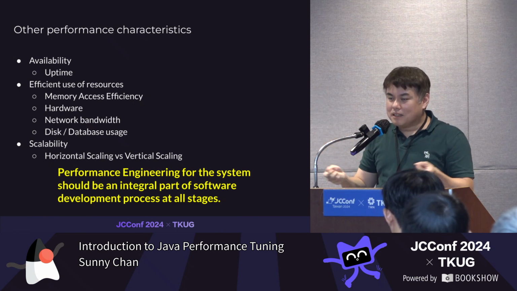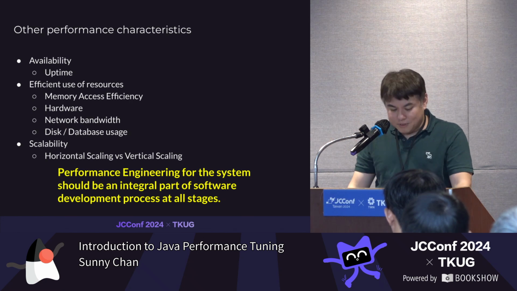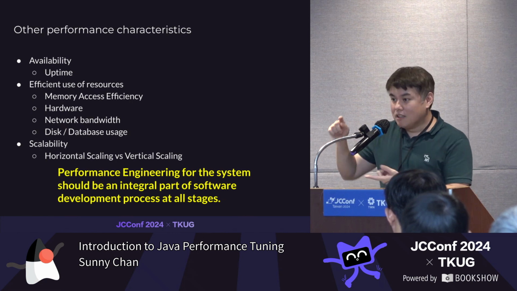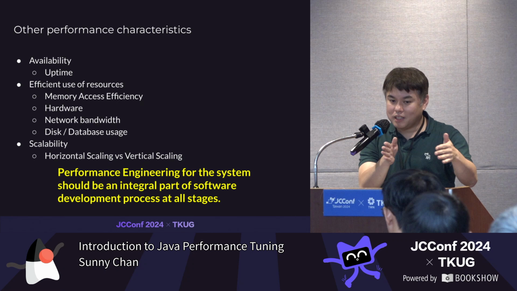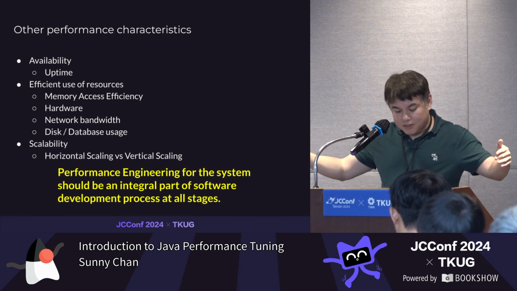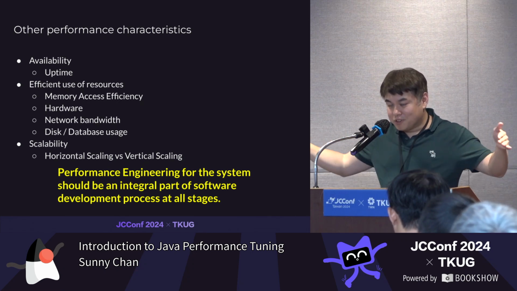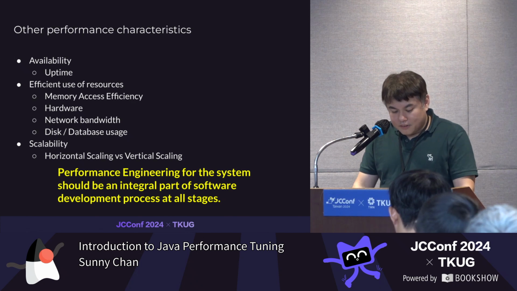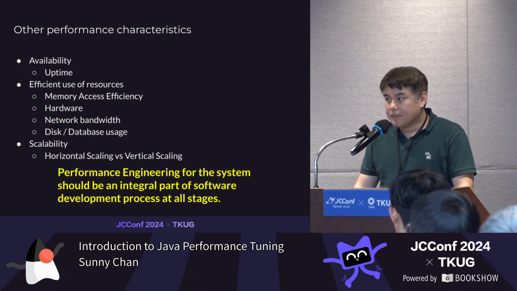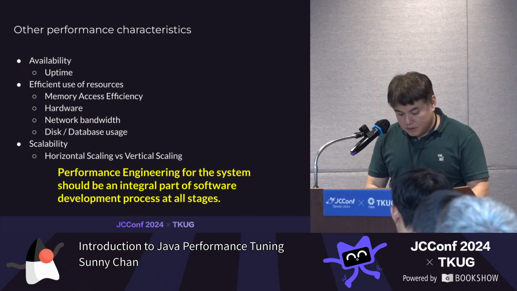You get a bigger server, a bigger CPU and more memory. That's vertical scaling. Or you can chuck in more instances to scale horizontally. That's what we call horizontal scaling.